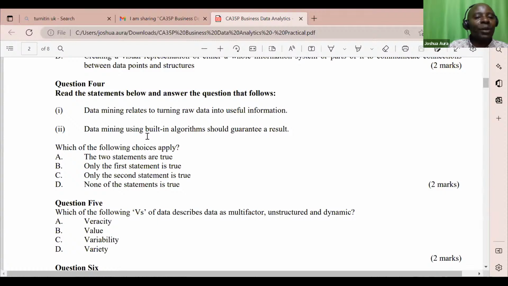A, the 2 statements are true. B, only the first statement is true. C, only the second statement is true. D, none of the statements is true. Which one? You guys are good in guessing. Which one should we talk about here, really?